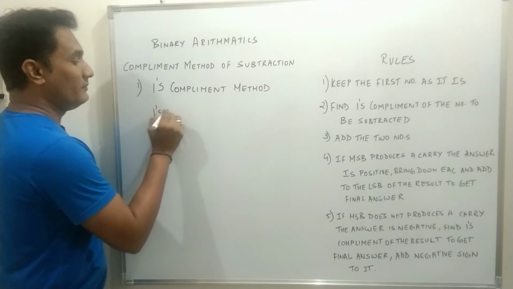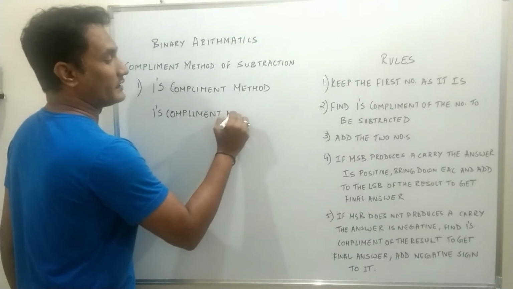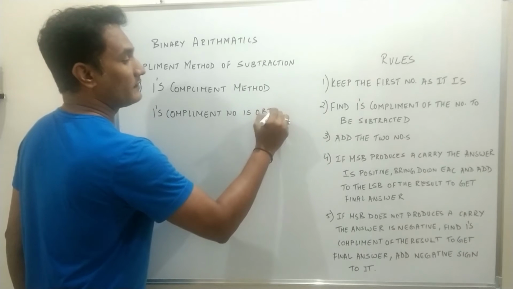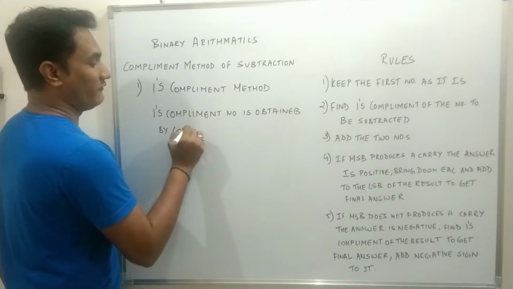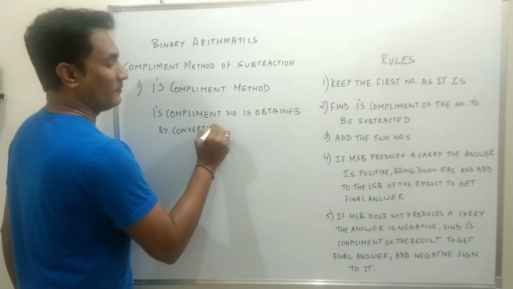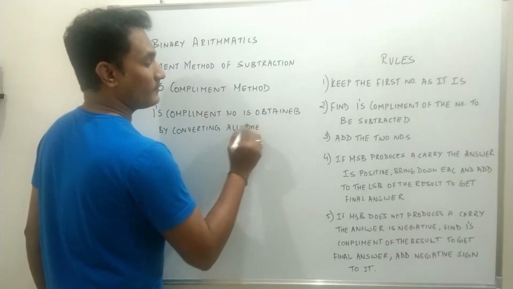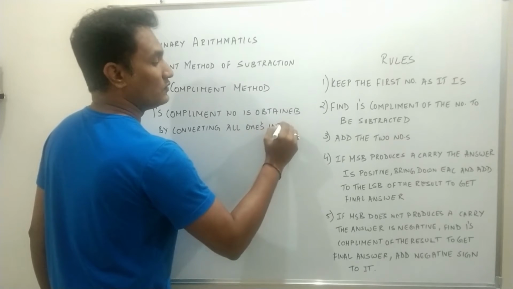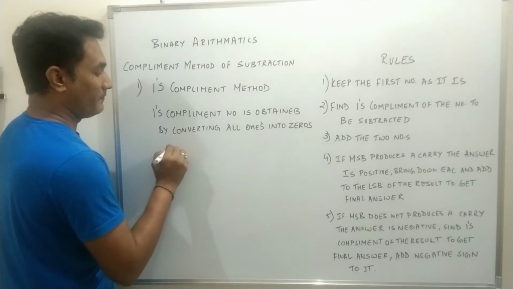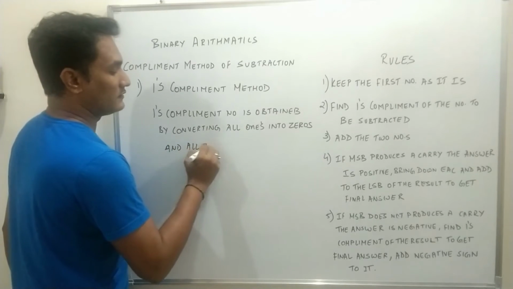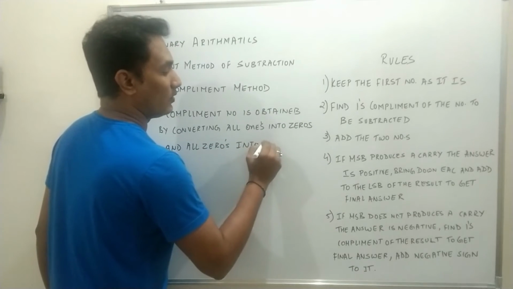Now the 1s complement number is obtained by converting all ones into zeros and all zeros into ones.